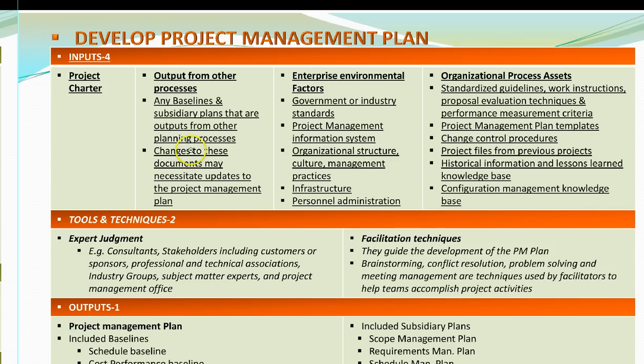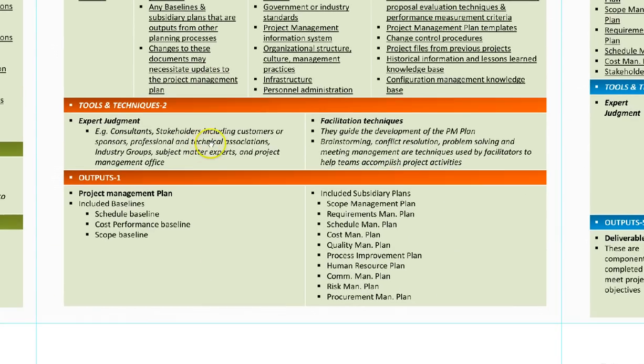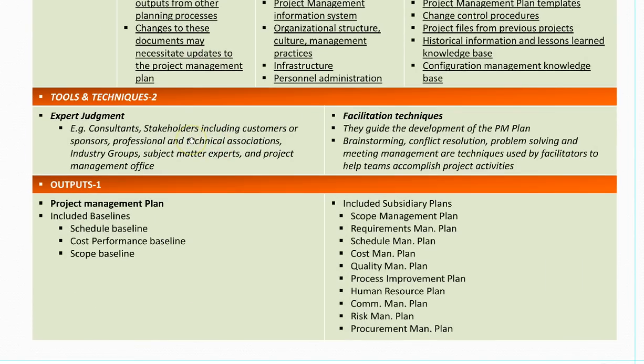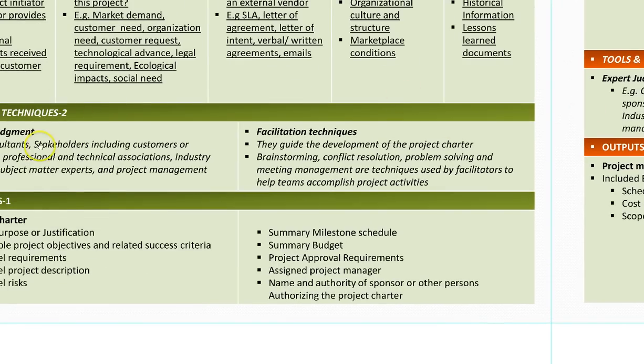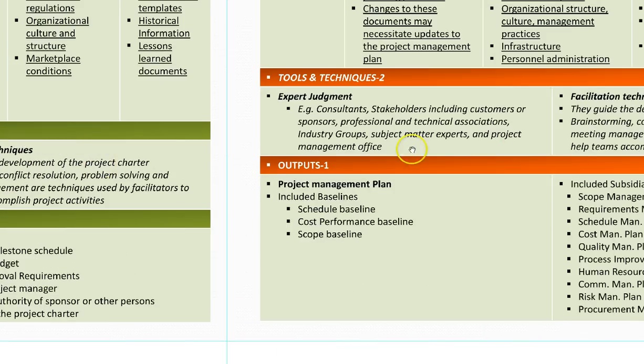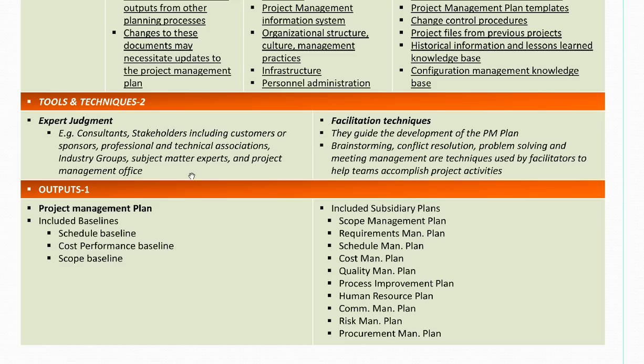Now, to develop the project management plan, we have two tools and techniques similar to the ones that we had in the previous process, which are expert judgment and facilitation techniques. Expert judgment includes consultants, stakeholders, customers, sponsors, technical and professional associations, industry groups, subject matter experts, and the project management office.